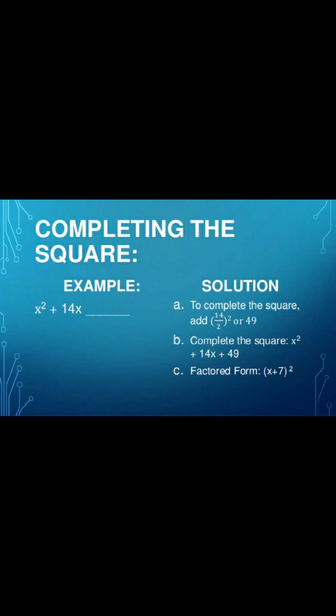Half of it is 7, and its square is 49. Now add 49 to the expression. It becomes x squared plus 14x plus 49, which can be written as (x plus 7) whole squared.